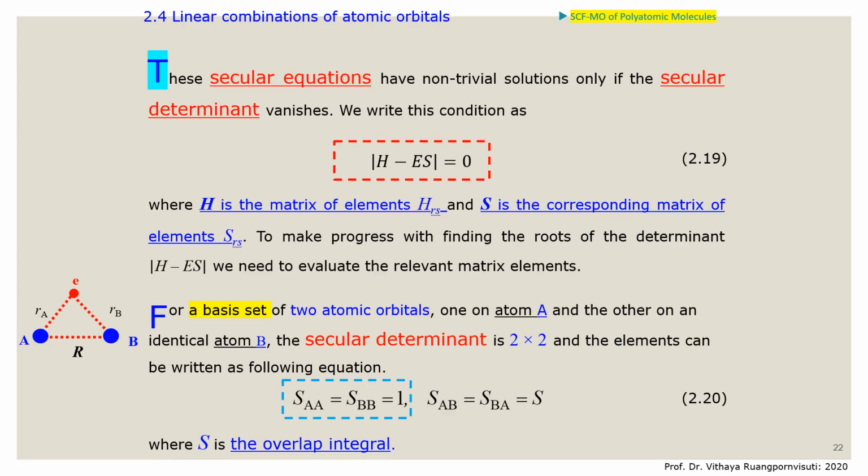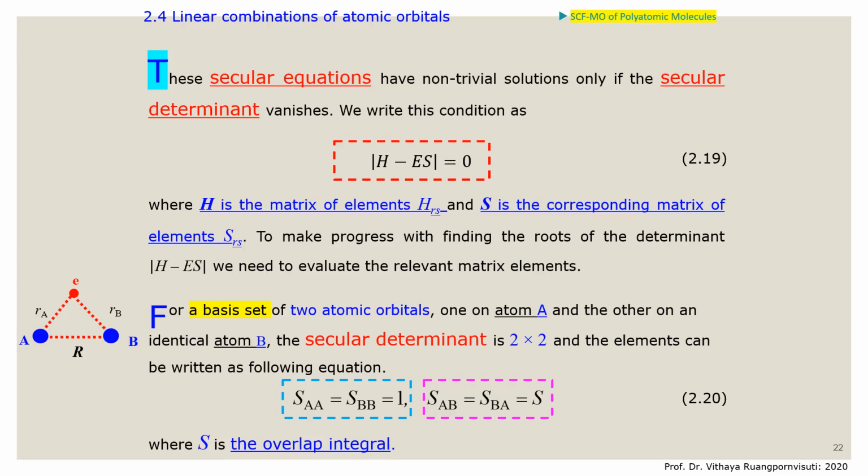For a basis of two atomic orbitals, one on atom A and the other on an identical atom B, the elements of the 2 times 2 secular determinant can be written as follows. SAA equals SBB equals 1.